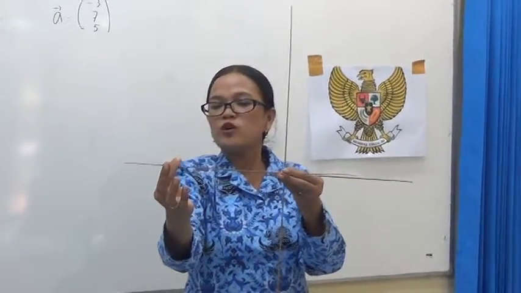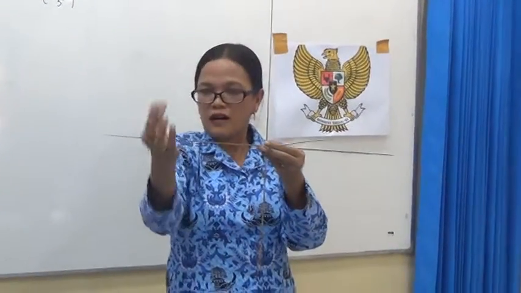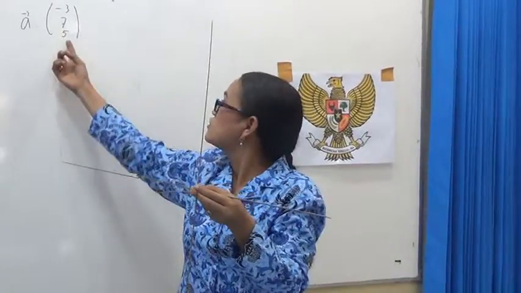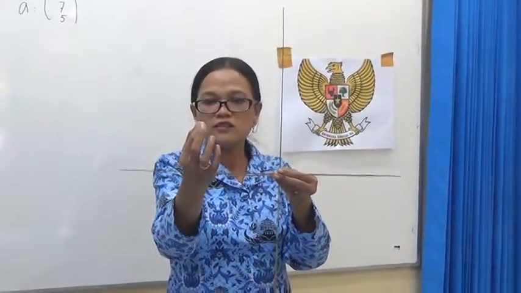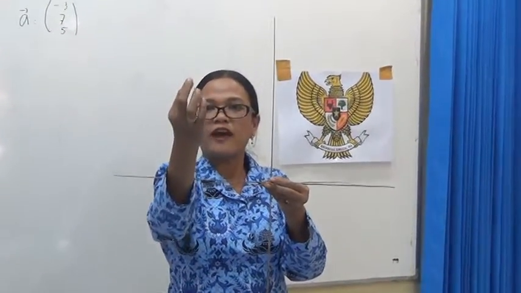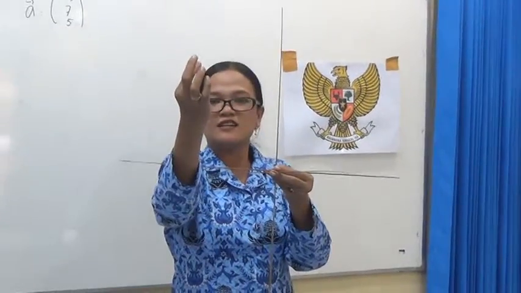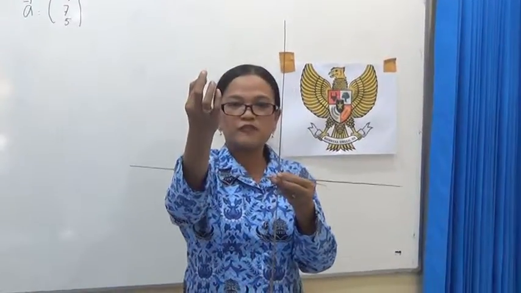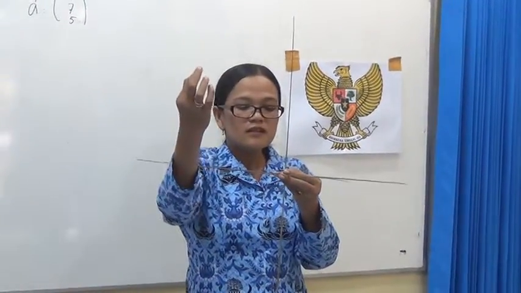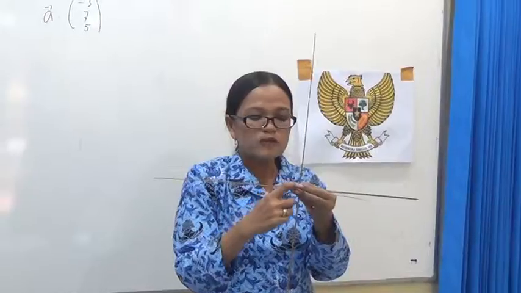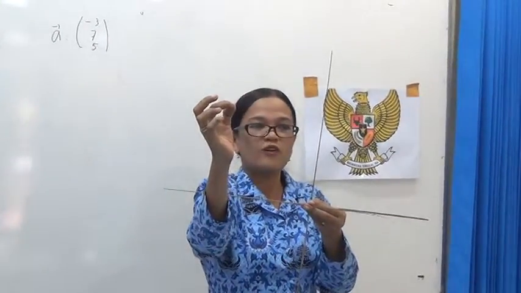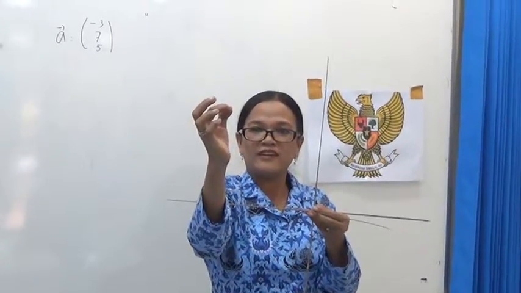And the last, go up or top 5: 1, 2, 3, 4 and 5. This is a point, or nokta, A. So the vector is described as a line from the center point to this point.